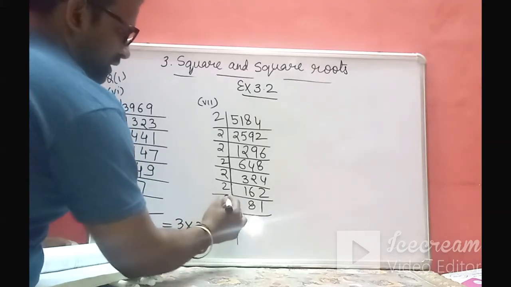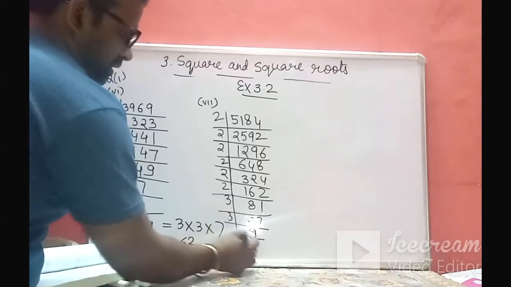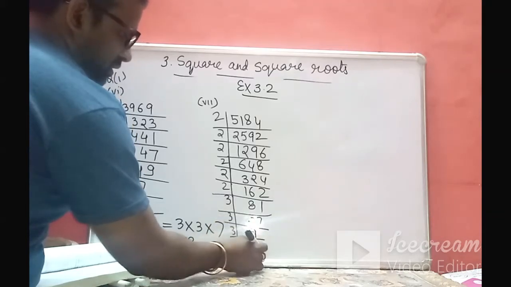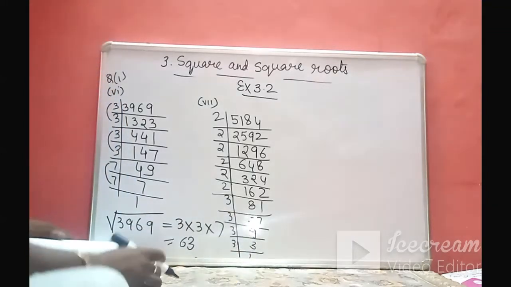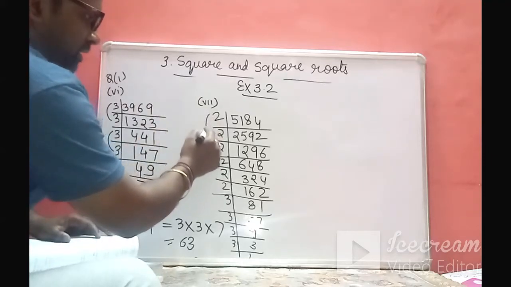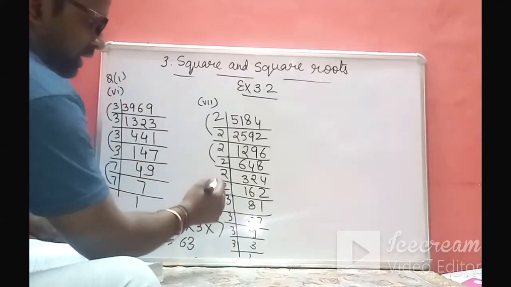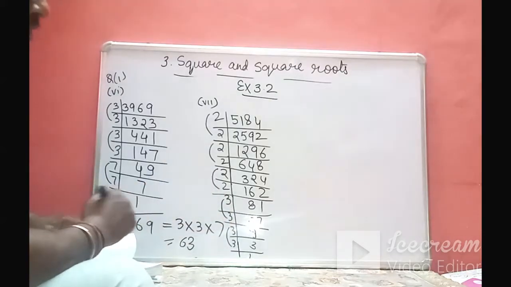Now 81 is divisible by 3. Okay, 9, then 3, okay, then 1. So this is the prime factorization. Now let's see the pairs: a pair of 2s, a pair of 3s, and so on. Okay, so we got all the pairs.